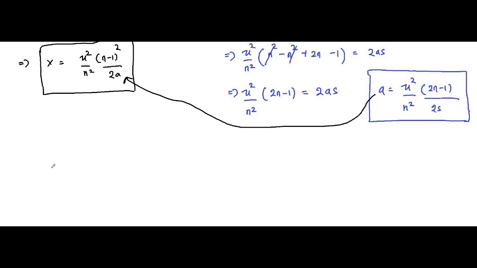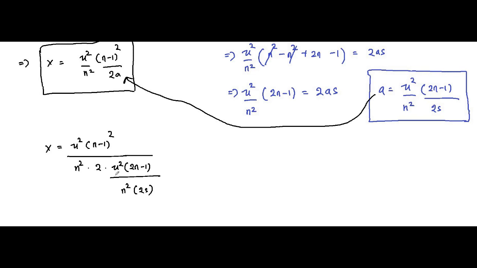So the distance further which it travels before it comes to rest, x, is equal to u square into n minus 1 whole square by n square, divided by 2 times u square into 2n minus 1 by n square into 2s.